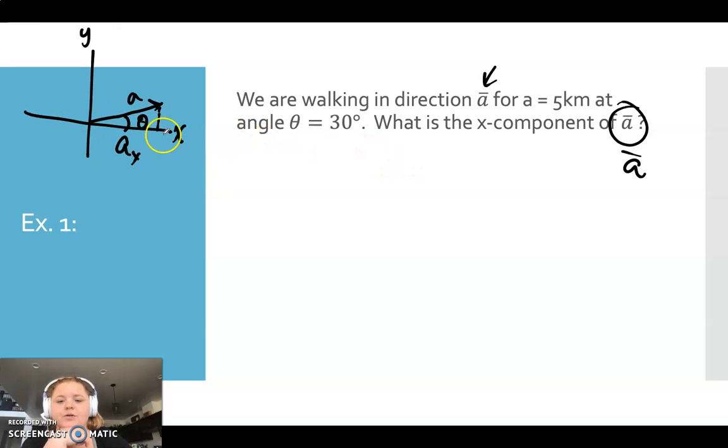So let's see, we will need to use trigonometry in order to do that. So we know our magnitude of A is 5 kilometers. We also know our angle theta. Okay, so think about which trigonometric function we can use here.